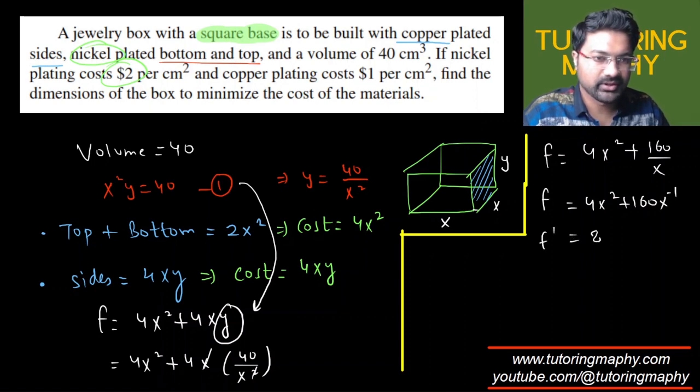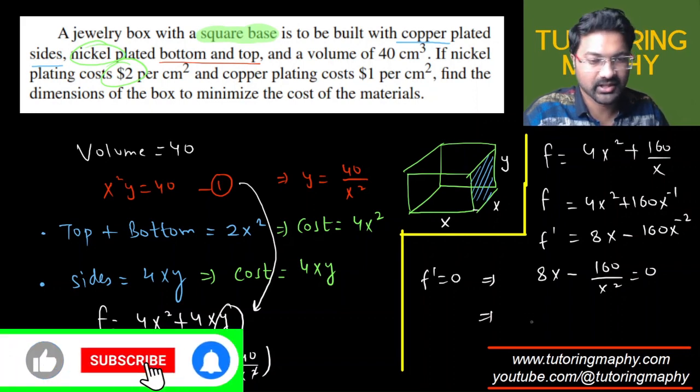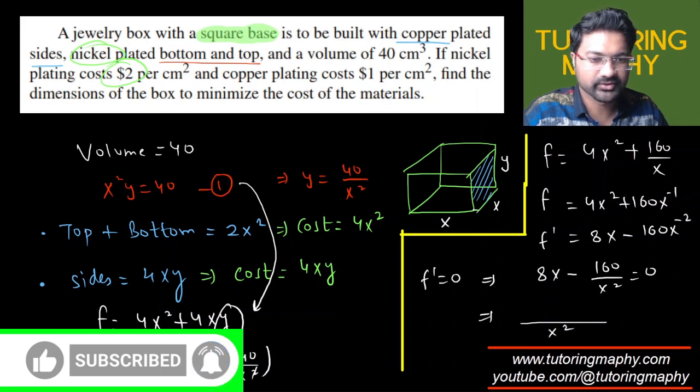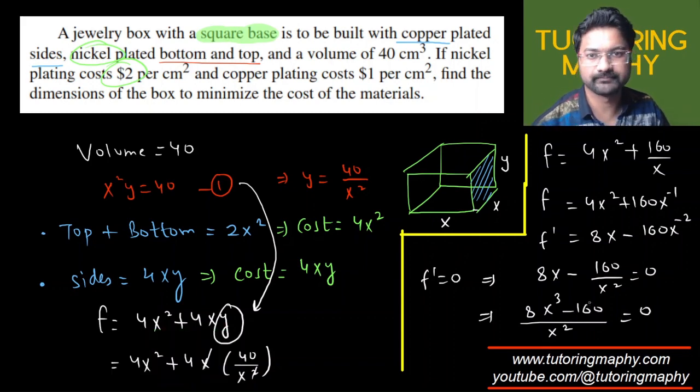So f prime will be 8x minus 160 x raised to minus 2. So f prime is going to be 0 for the critical point. So 8x minus 160 over x squared should be equal to 0. Let's take a common denominator of x squared. So it will become 8x cubed minus 160 is equal to 0.